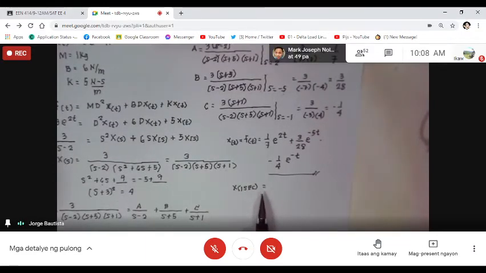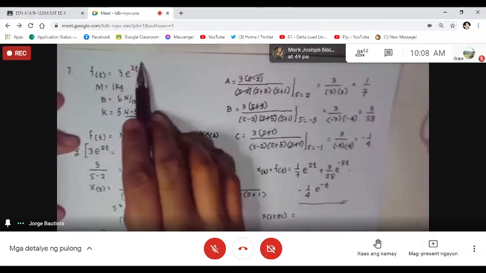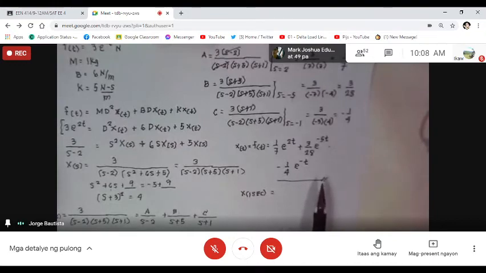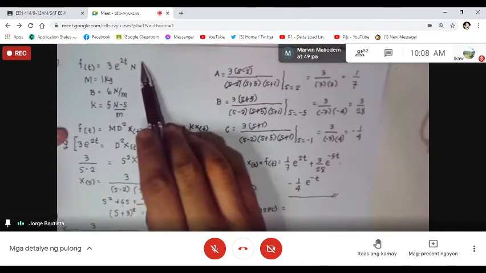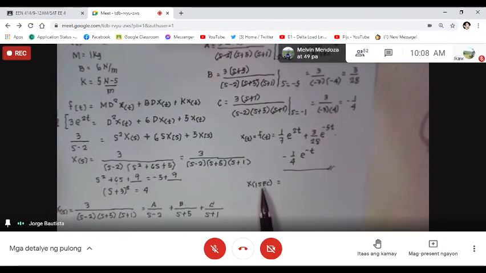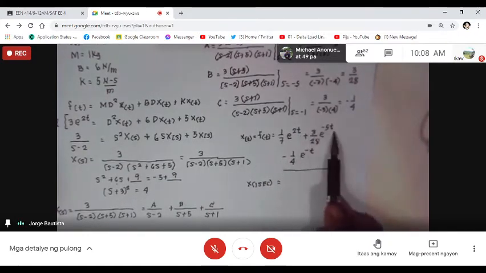Kasi hinatak siya ng force na 3 e raised to 2t. Okay? So, since hinatak siya ng ganitong klaseng force, siyempre may change ng length or distance. So, ano kaya ang length niya or distance niya at 1 second? Okay, substitute nyo lang doon.